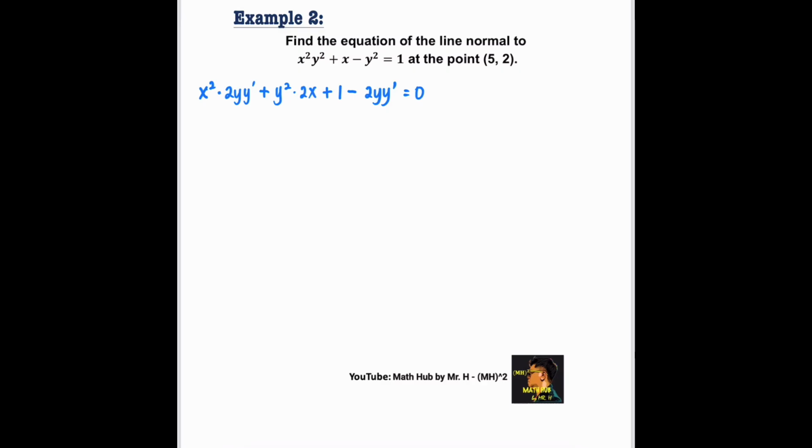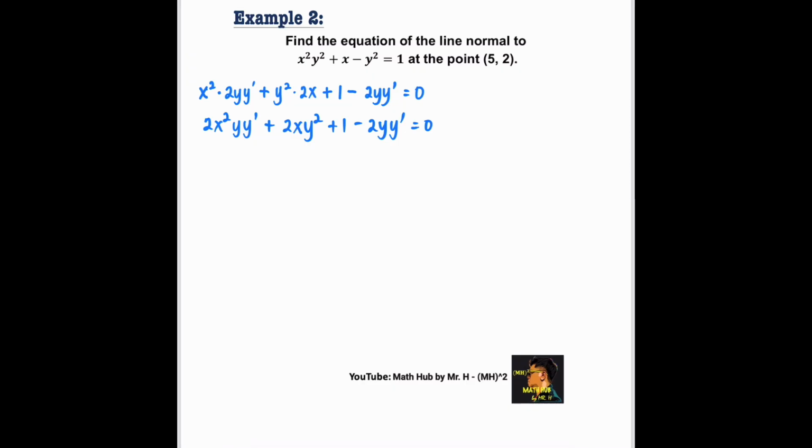All right, next thing to do is to simplify the left-hand side of the equation. This one will be 2x squared y y prime plus this one is 2xy squared plus 1 minus 2y y prime equals 0.